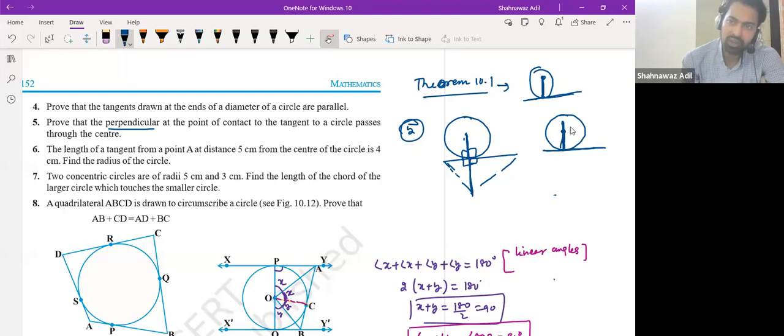But this is correct, that the perpendicular at the point of contact is surely a radius, and the radius passes through the center of the circle. So this is the argument that we can make.